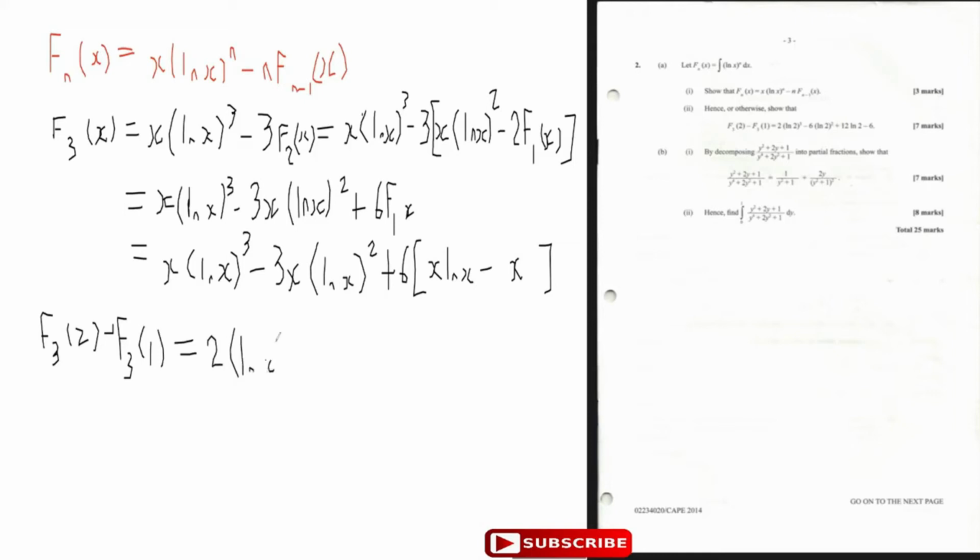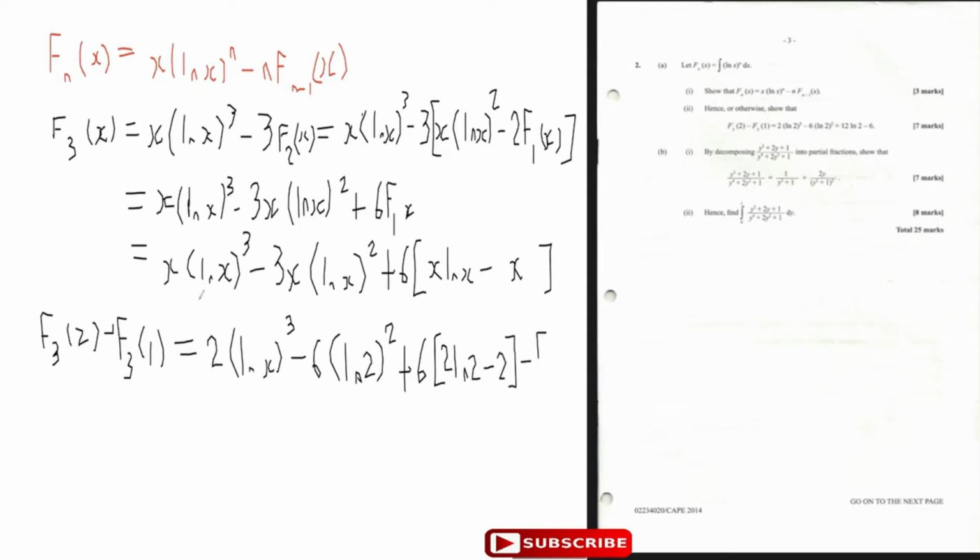Just want to make sure we make no mistake. Minus 3 times 2 is 6, so you get minus 6 times (ln 2) squared, plus 6 times, in open brackets, 2 ln 2 minus 2, close that bracket, minus, now we're going to put in 1.